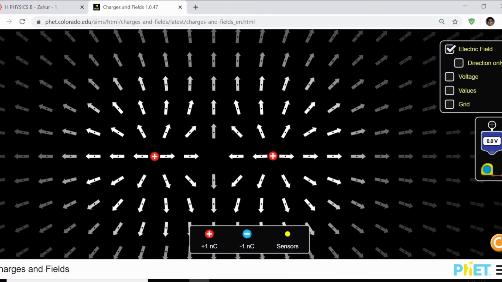What you should notice is that at the middle there's this vertical asymptote, and directly at the center the arrow disappeared. That is to show you that the electric field is 0 when you're in the middle between two positive charges, and it could be two negative charges as well. Directly at the middle, the electric field is 0. This only happens if the charges are equal.